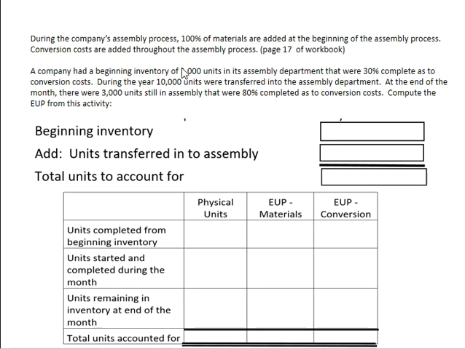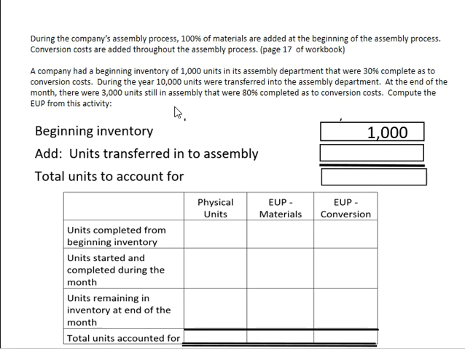Now notice I don't say percentage of completion as to materials, because we assume materials are added right at the beginning of the production process, so we really don't have to say what percentage of completion there is. But let's take a look at these physical units, the reconciliation here first. I need my beginning inventory. The company had a beginning inventory of 1,000 units.